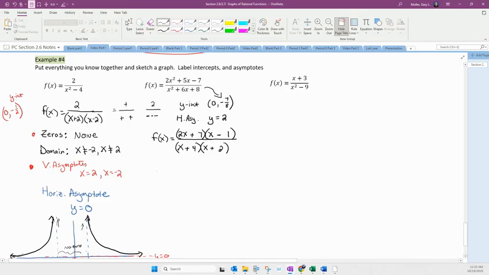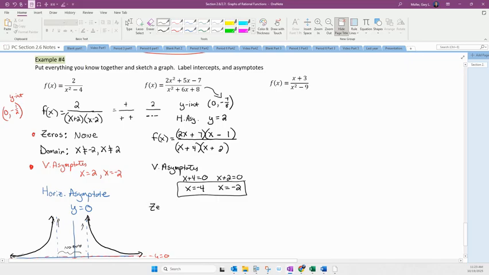So what are the vertical asymptotes? That's going to be when x plus 4 equals 0, and when x plus 2 equals 0. So x equals negative 4 is one of my asymptotes, and x equals negative 2 is my other asymptote.